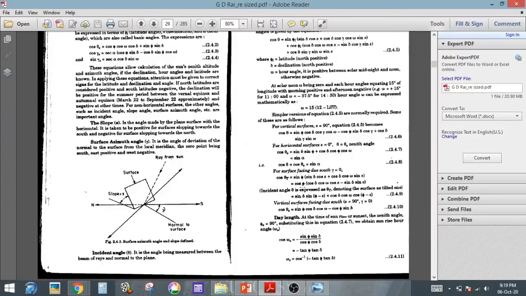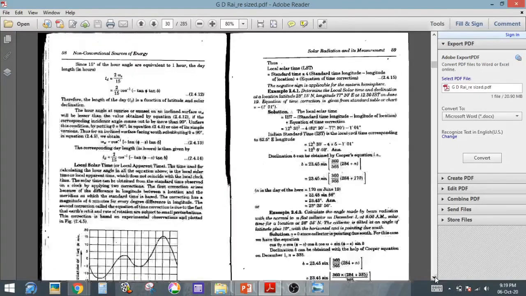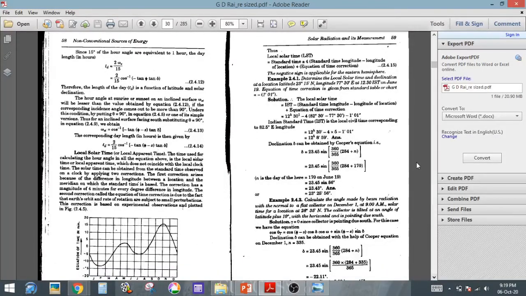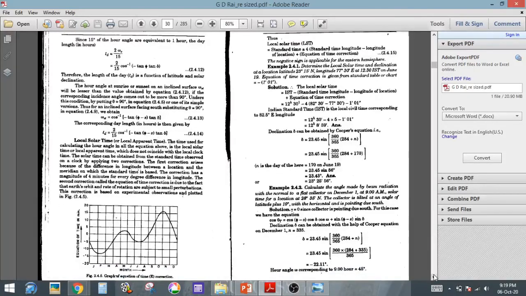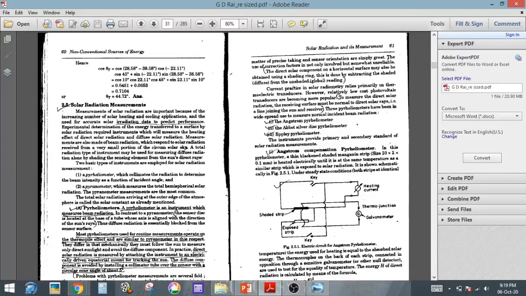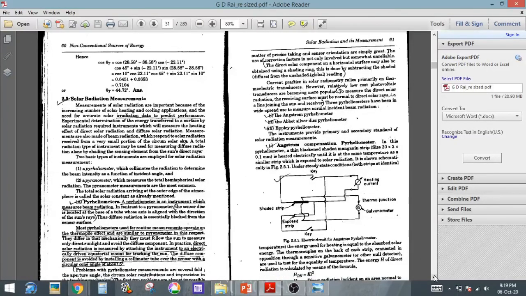Or we can simplify the expression as sin delta sin phi minus s plus cos delta cos omega cos phi minus s. We'll get the final answer theta t as 44.72 degree.